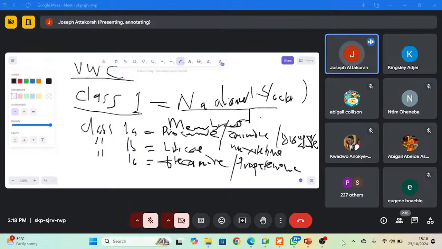The reason why I said it's very important to know all this is that class 1 medication affects sodium channels. Where do we have sodium channels? We have sodium channels in the atria and ventricles.